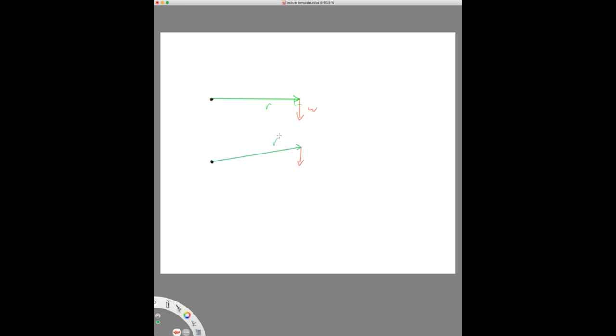That would technically be how it's supposed to look. And the torque, there would be some kind of angle here that's not 90 degrees.